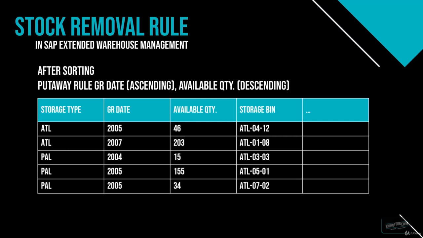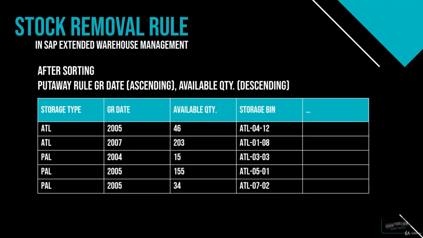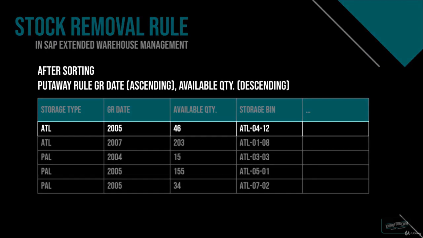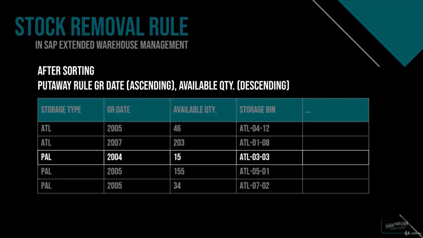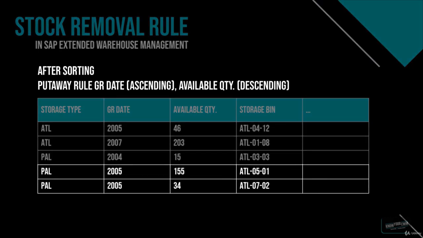Within the given storage type search sequence, meaning no matter how old a quant actually is, the system will sort it by the storage type first, at least if we are not working with storage type groups. And within the storage types, the sorting was applied like the stock removal rule was customized. We got the oldest stock first, and within each year ascending sorting by the available quantity.